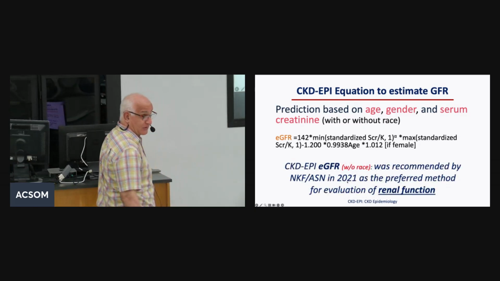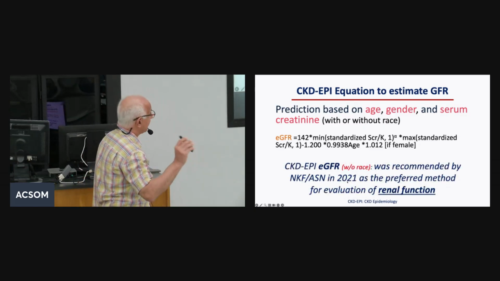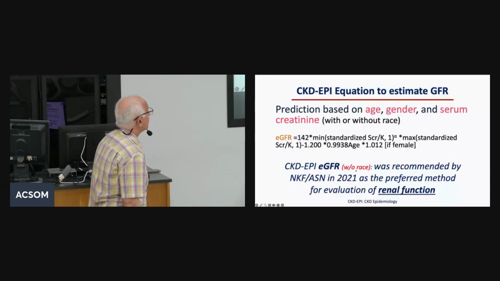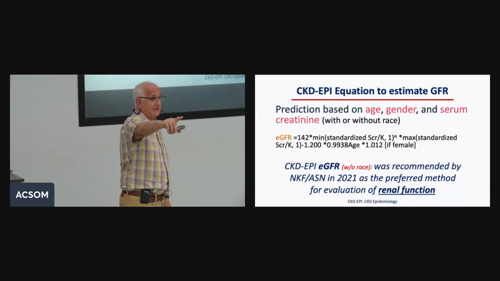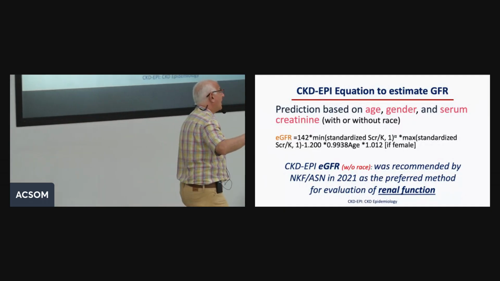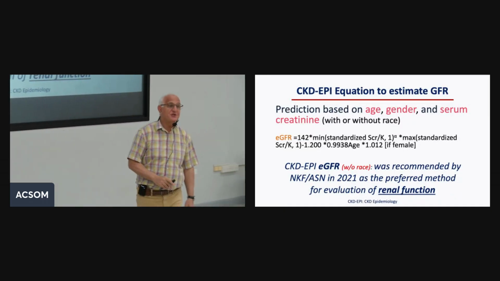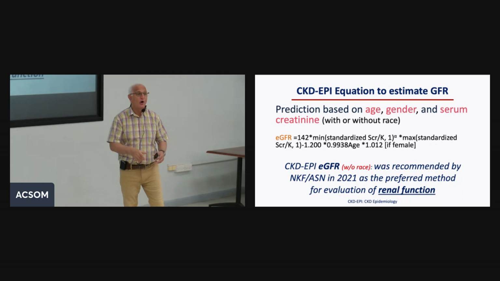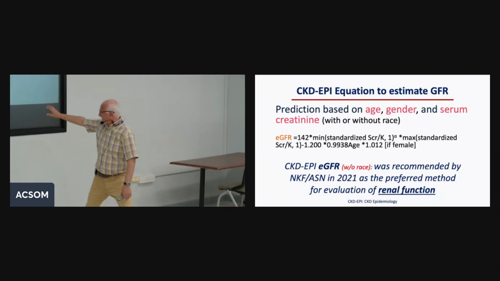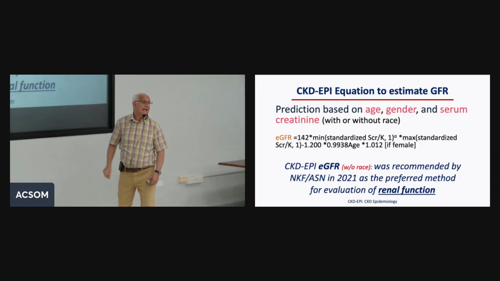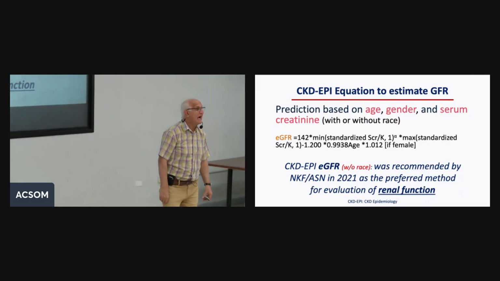eGFR without race, and it is important, without race was recommended in 2021 by the National Kidney Foundation and American Society of Nephrology as a preferred method for evaluation of renal function. If in a question somebody asks you what is the standard measurement for eGFR today, 2025, March, CKD EPI without race.